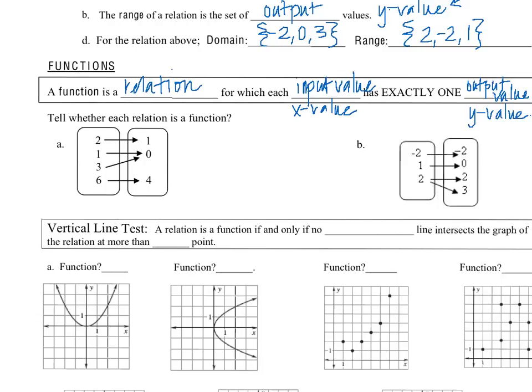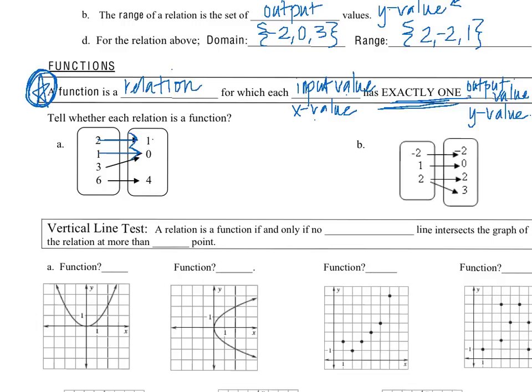So there are a couple of different ways to actually say this, but by far, this definition you have to know. A function says that for every x, you have exactly one y. Or for every input, you have exactly one output. Okay? Now let me show you what that means in terms of a mapping diagram. What it says is that for the x value of 2, I should only have an arrow going to one y value. For the x value of 1, I should only have one arrow going to the 0.